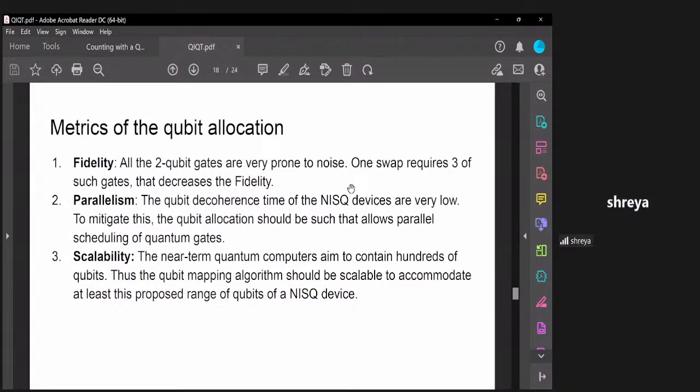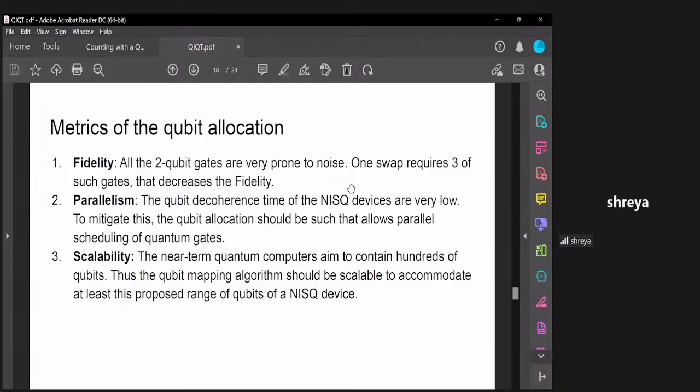So these are metrics that you look at when you figure out how to do the qubit allocation. One is fidelity. Fidelity is a metric that gives you the comparison between what your output should be and what output you are getting. And there is also parallelism.